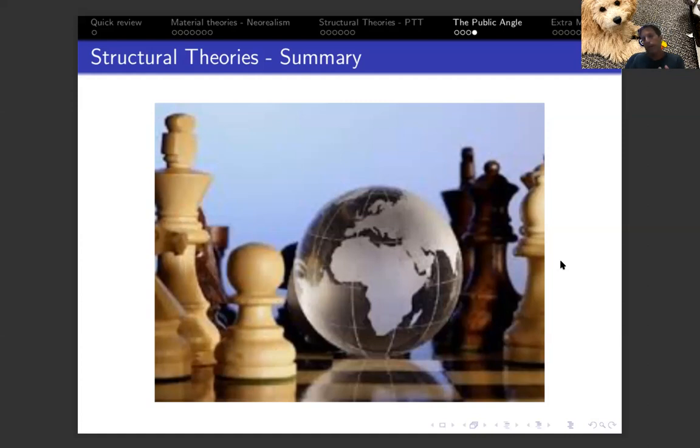And of course, we can add to that the power transition theory, which places focus on the control over the rules and the norms of the system. And it's a substantial deviation from the classic realist interpretation of the world. So that's some of the differences between them. So that's the structural theories, that's the material theories.